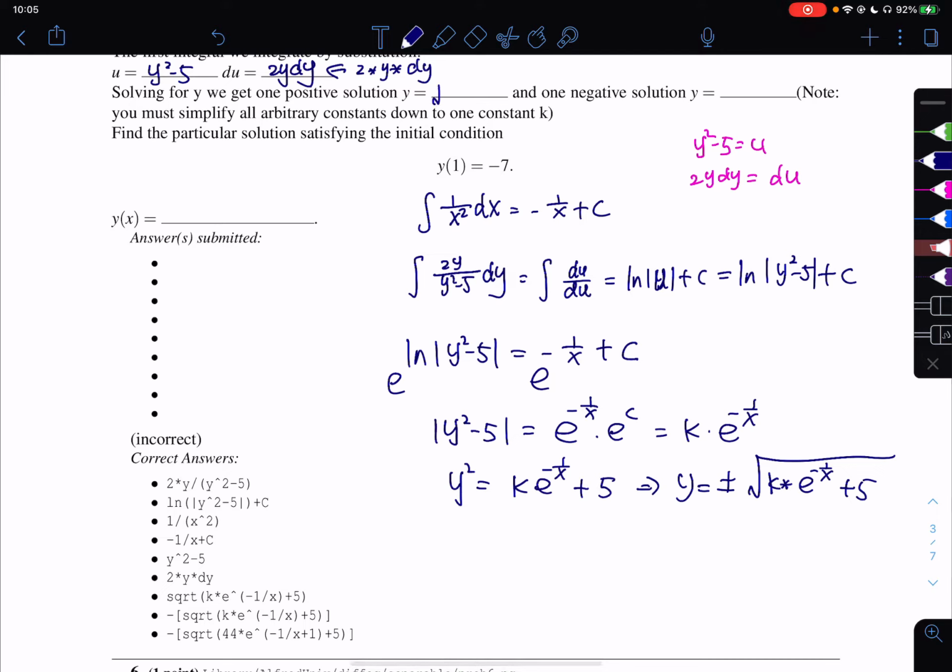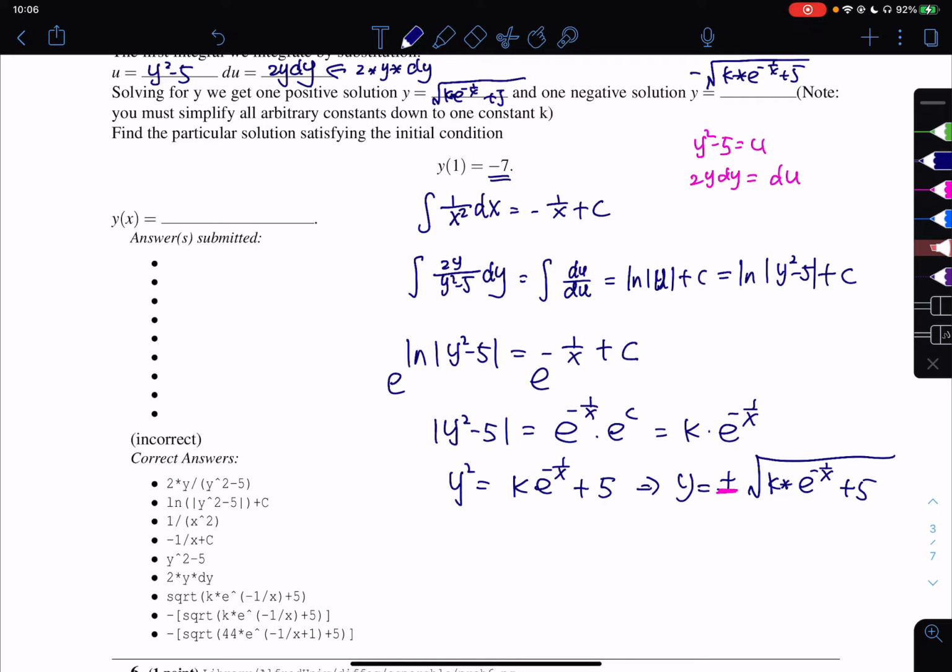So I end up with the square root of k e to the negative 1 over x plus 5, and negative square root of k times e to the power of negative 1 over x plus 5. So for the particular solution given to us, because it was negative, I'm going to choose the negative one to use.